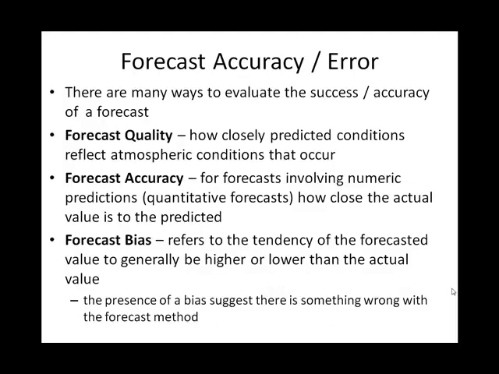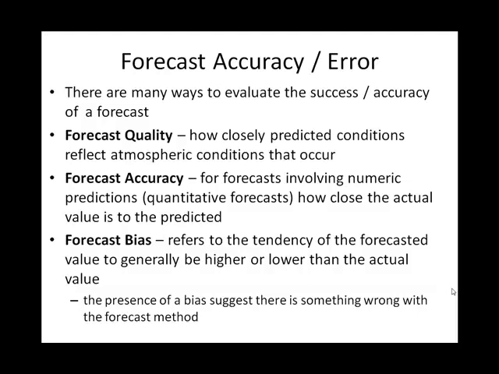Forecast quality is not necessarily numerically how close you were to what the conditions actually were, but just generally how well did you predict the weather. Forecast accuracy involves numeric data. Forecast bias is if a forecast model or a weather forecaster is always on one side.